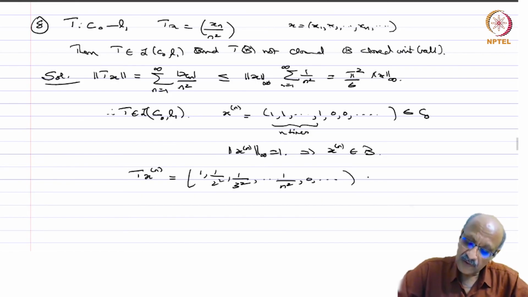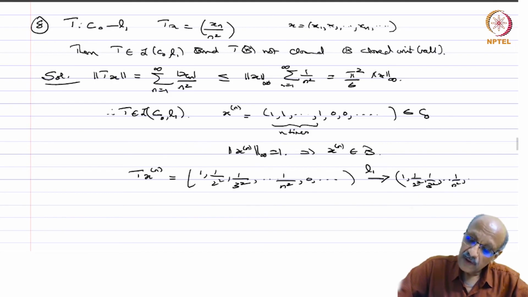And what does this converge to in L1? So this converges in L1 to 1, 1 by 2 square, 1 by 3 square, 1 by n square and so on.